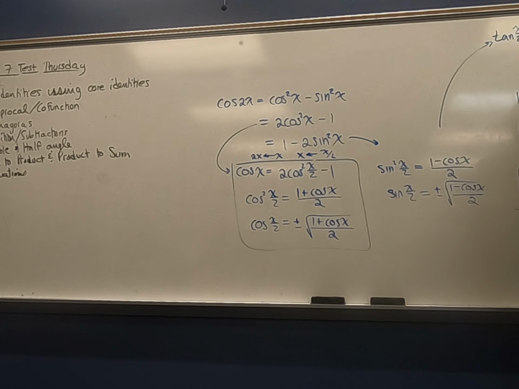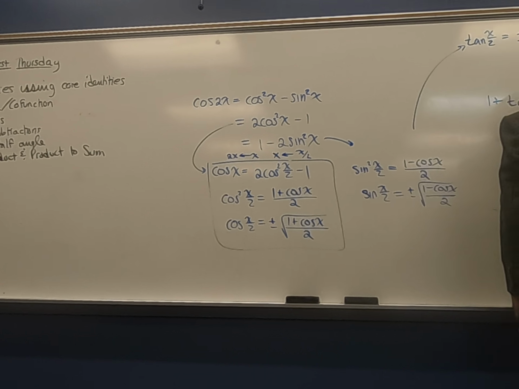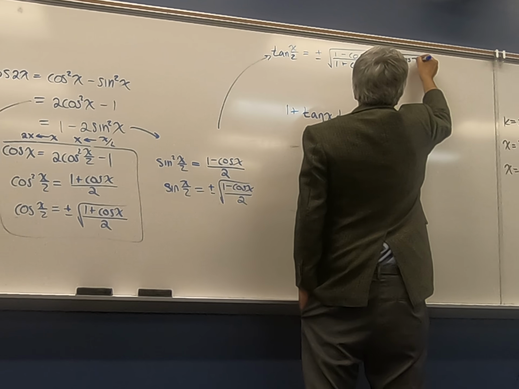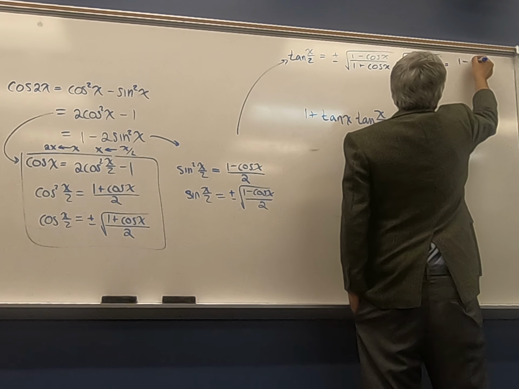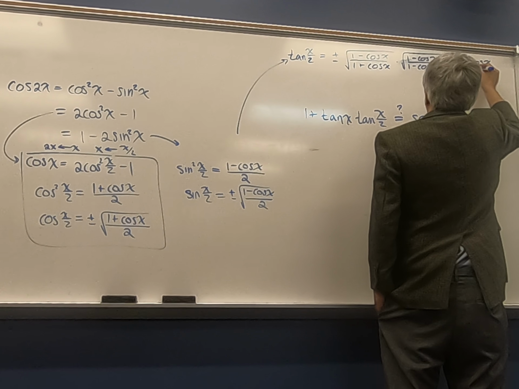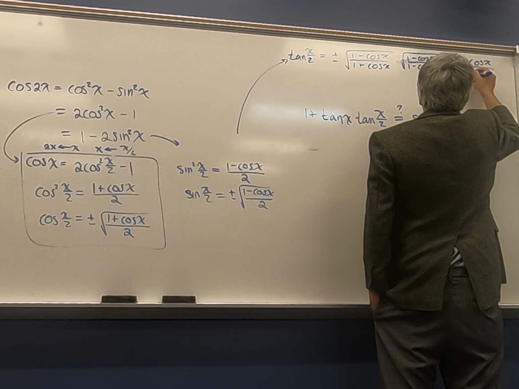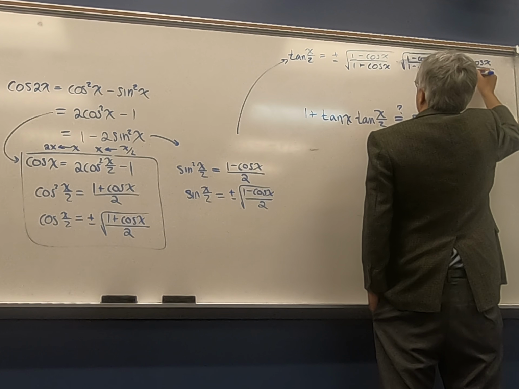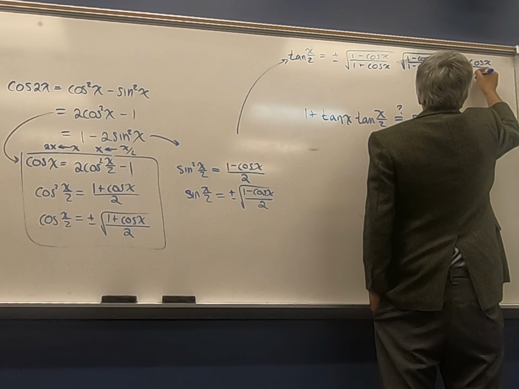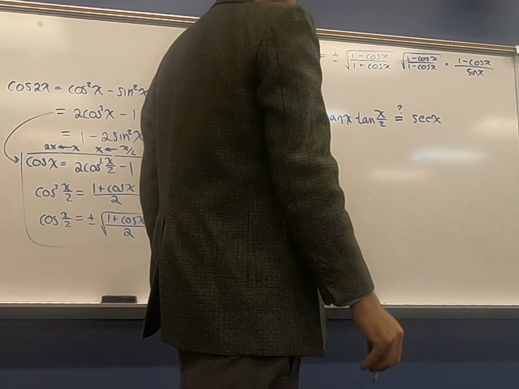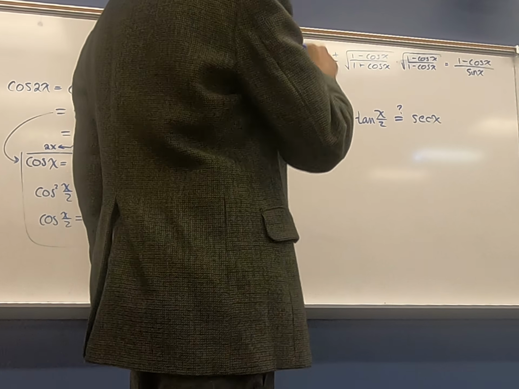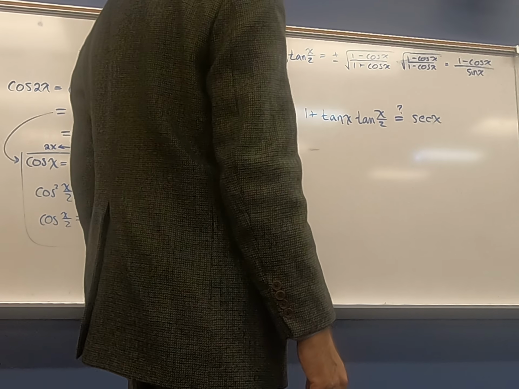And now if I multiply by 1 in the form of the square root of 1 minus cosine x over 1 minus cosine x, I get 1 minus cosine x over sine x. Because it's going to be the square root of 1 minus cosine squared, the square root of sine squared, which is sine.